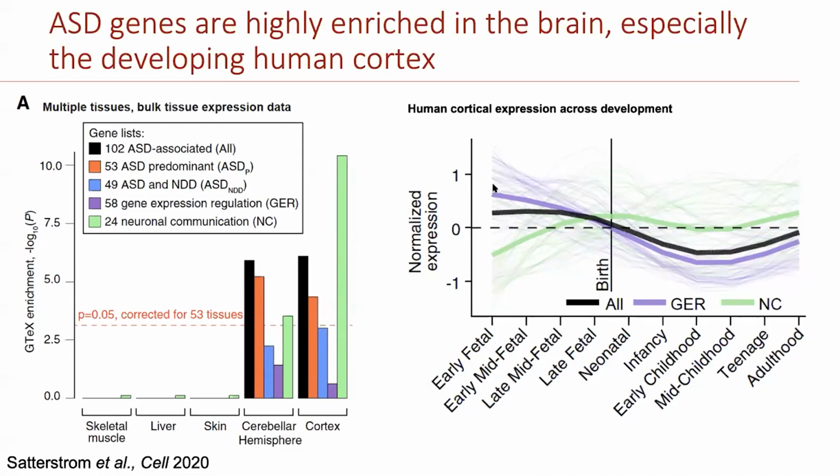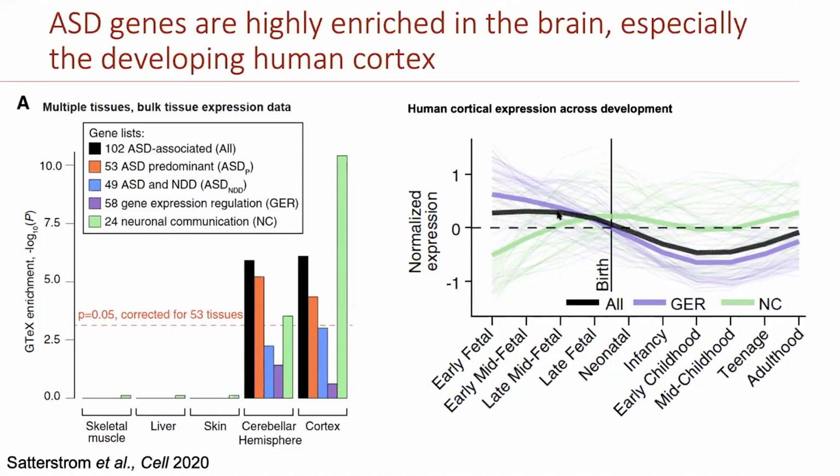If we look at their expression profile over time, again, we start to see a difference here. So we find that the gene expression regulating group, shown in purple here, tends to be expressed prenatally. What you're seeing here is the gene expression. Every thin line represents one gene. The thick line represents the group together, the composite. And in black, you can see all of them.